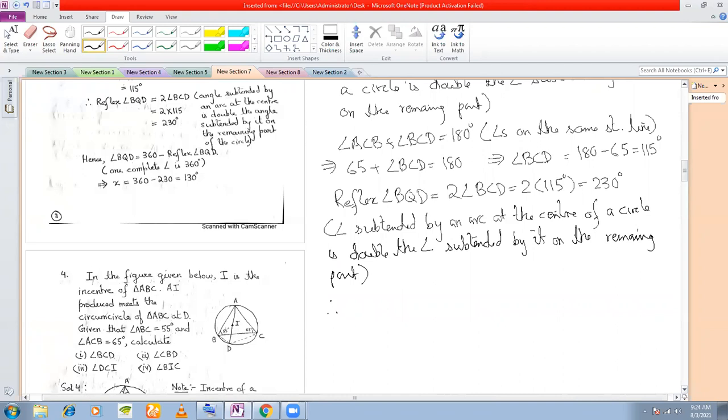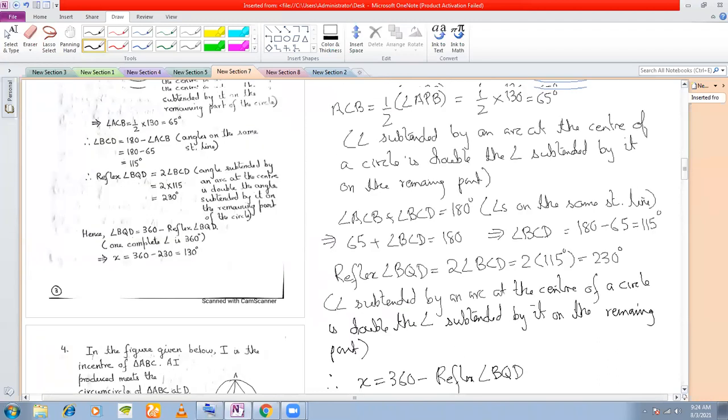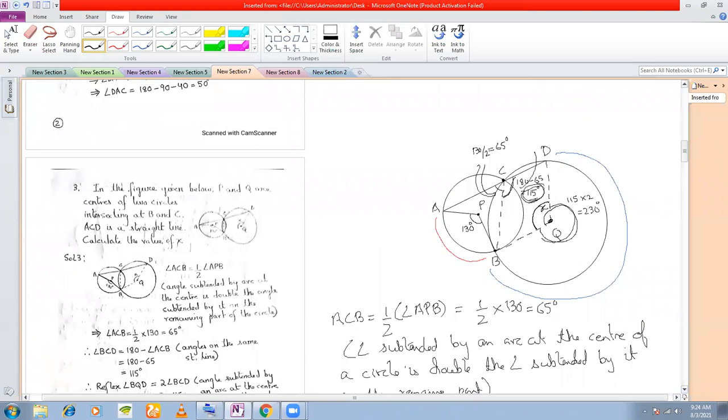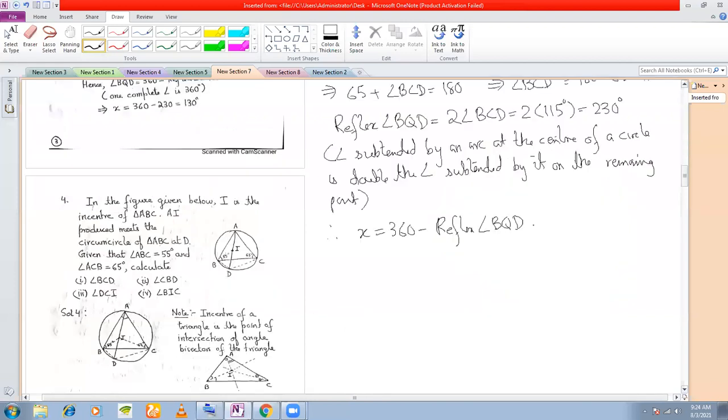Right? So therefore, what is x? X is equal to 360 minus reflex angle BQD. You see in the figure here, this angle x is the entire angle, one complete angle, minus this reflex angle. So 360 minus 230, which is equal to 130 degree.